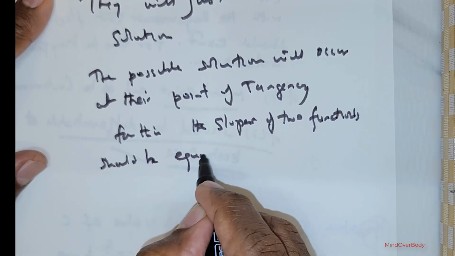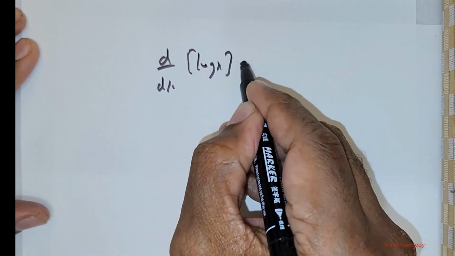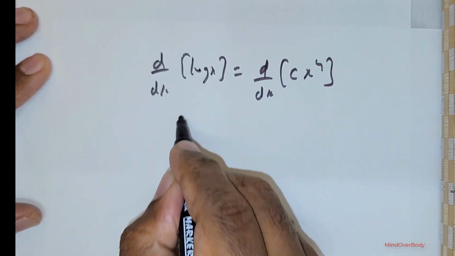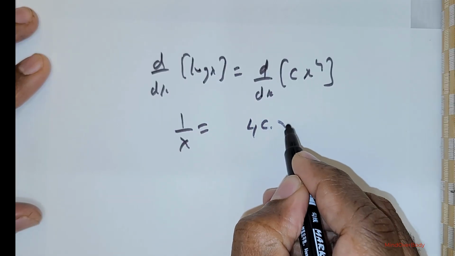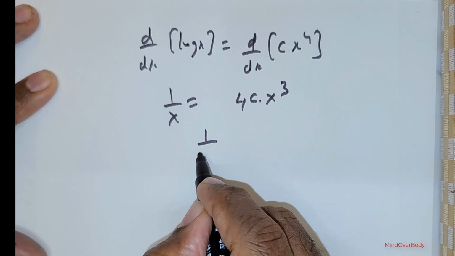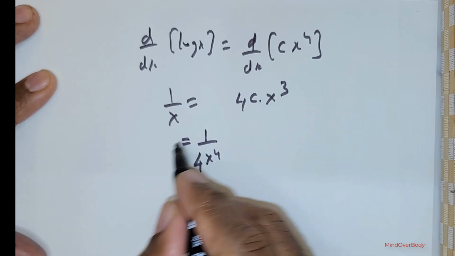So this means d over dx of log x is equal to d over dx of c times x raised to the power of 4. If you differentiate, you get 1 over x, and you get 4 times c x raised to the power of 3. So therefore 1 over 4 times x raised to the power of 4 is equal to c.